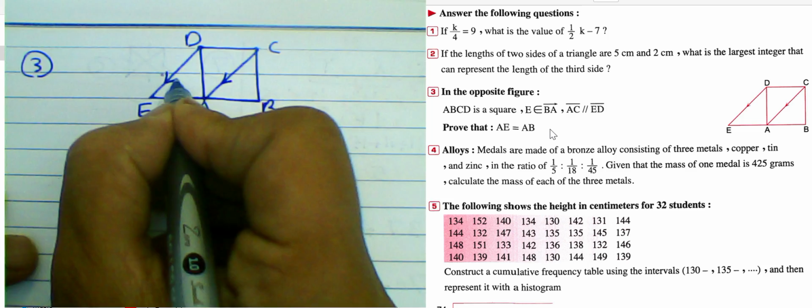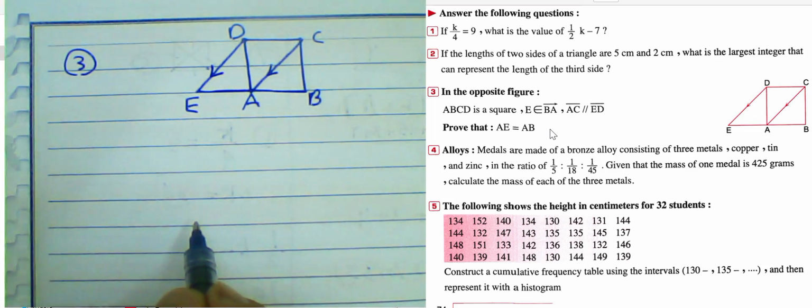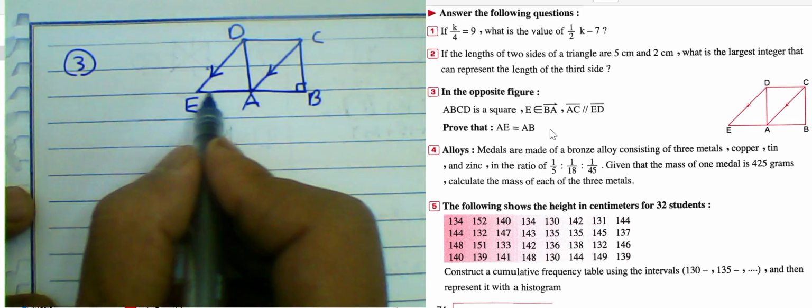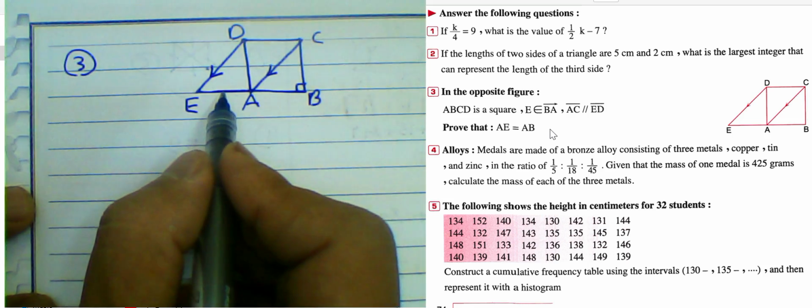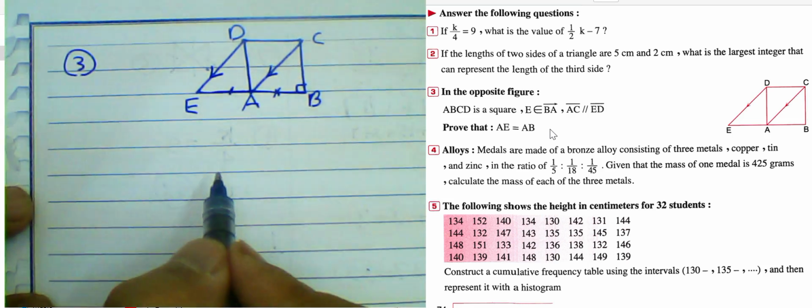Two sides parallel. Understood? We have a square. He wants to prove that this side length AE equal AB. How do we solve this?